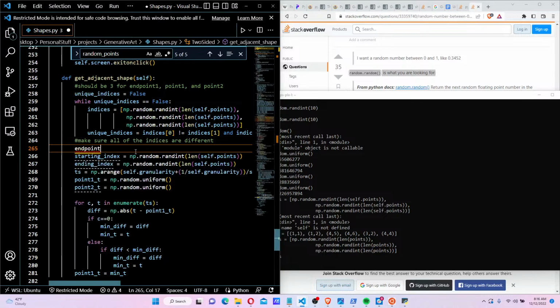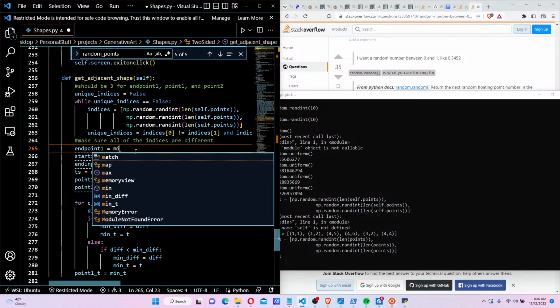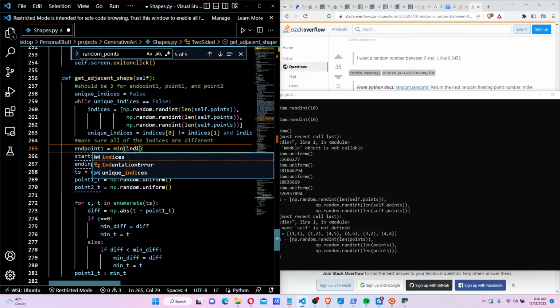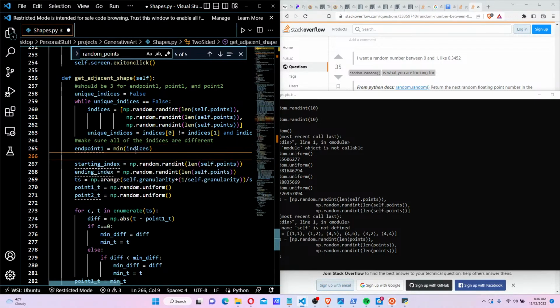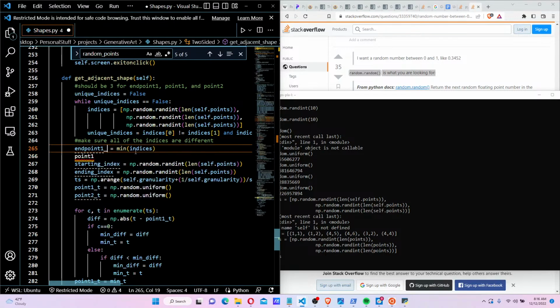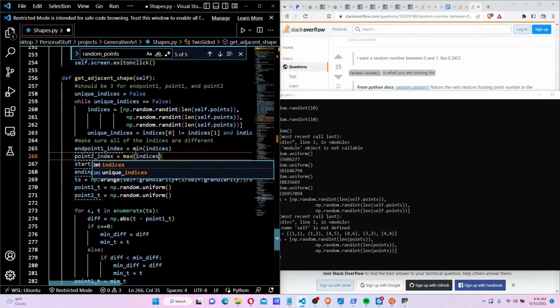Now, endpoint 1 is equal to the minimum of indices. Now, curve, I'm just going to call endpoint 1 index. Now, point 1 index is equal to, point 2 index is equal to the maximum of indices.